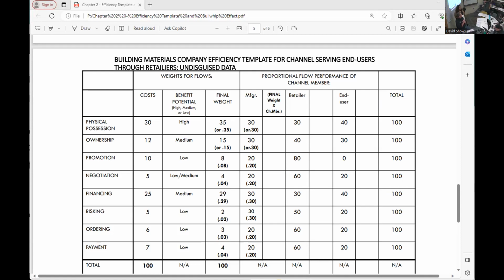Group D, we're looking for Group D. He's not here today.